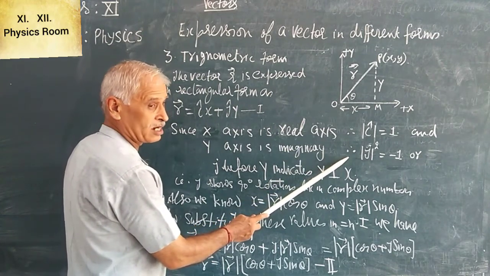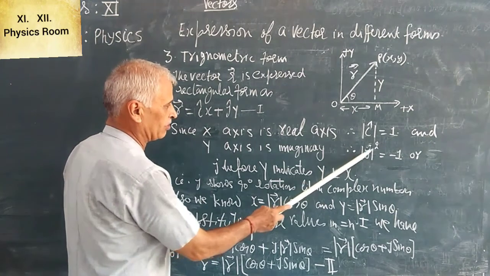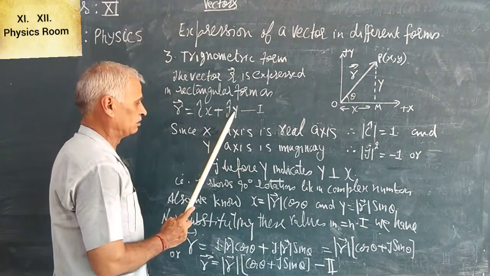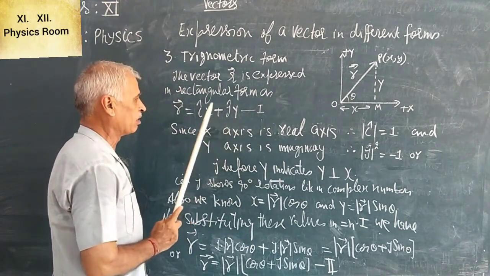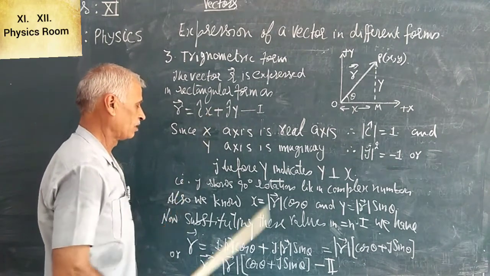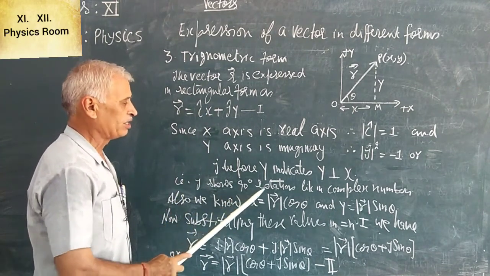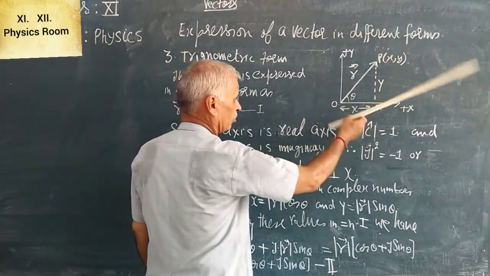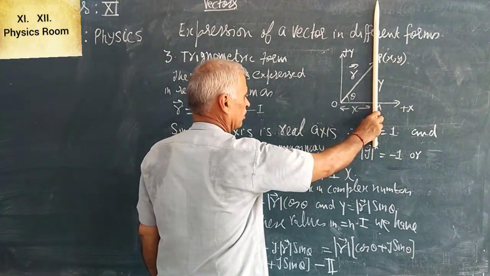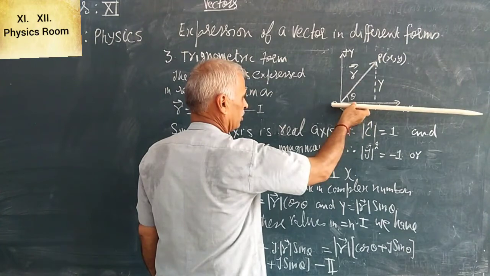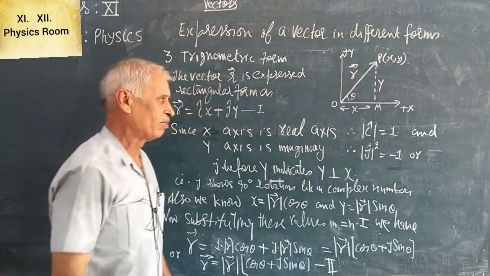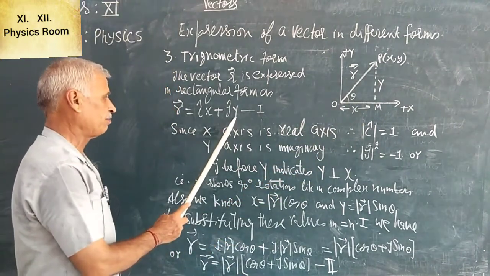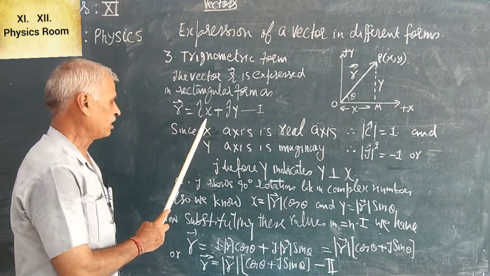Therefore, like in complex numbers, we write j square equal to minus 1, and j before y indicates that y is perpendicular to x. That is, j shows a 90-degree rotation like in complex numbers, and the y part is perpendicular to the real part.